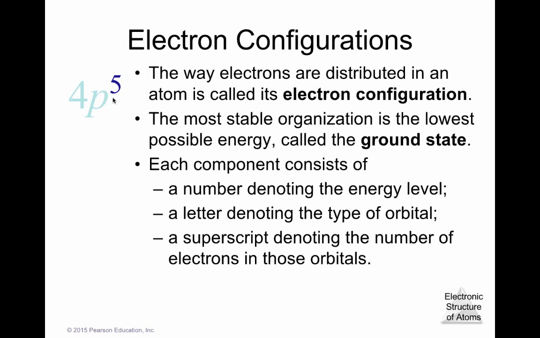And then we have a superscript number that tells us how many total electrons are in that orbital. So for example here, we would be looking at 5 electrons in the p orbital in the 4th energy level. Remember, we make a list of these to describe where every electron is in a specific atom.